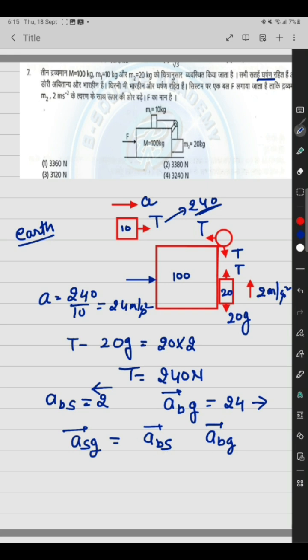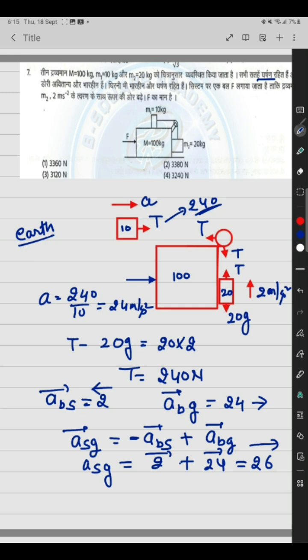Then which frame has to be removed? The block's frame has to be removed, so it is minus. Then the system with respect to ground will come out. It means it is 2: the block with respect to system is 2 in the opposite direction, means 2 in this direction and 24 in the positive direction, both having the net acceleration of the system with respect to ground of 26. It means the system is moving with 26 meter per second square in the right hand side.